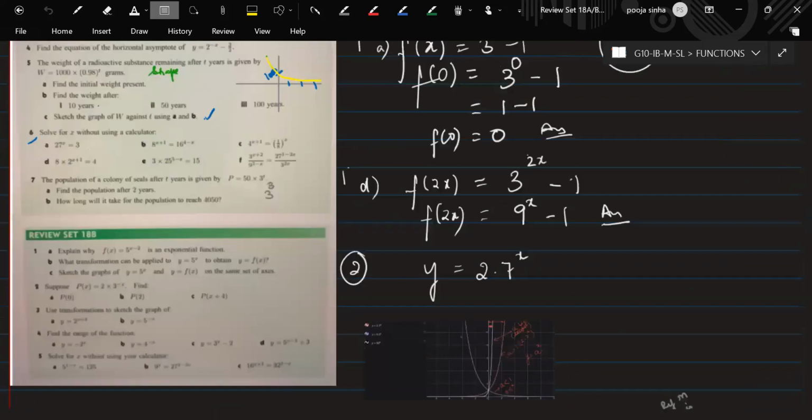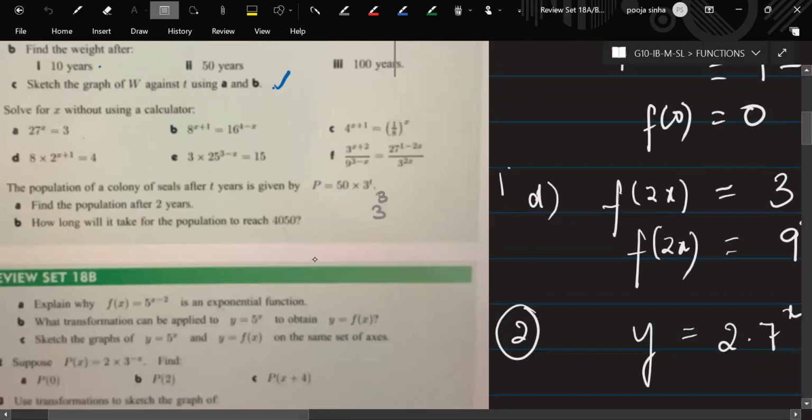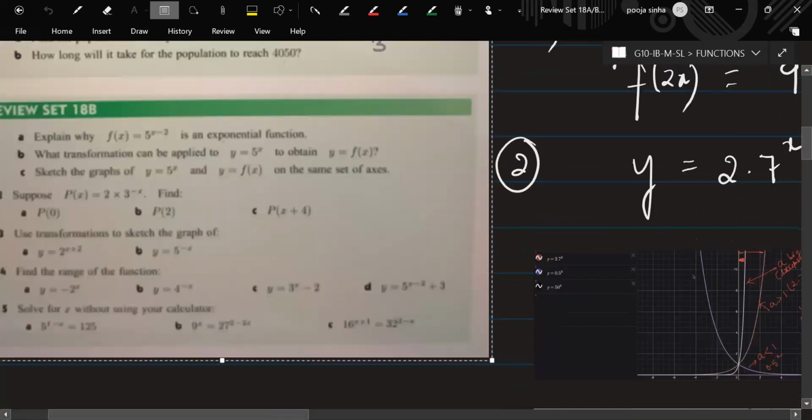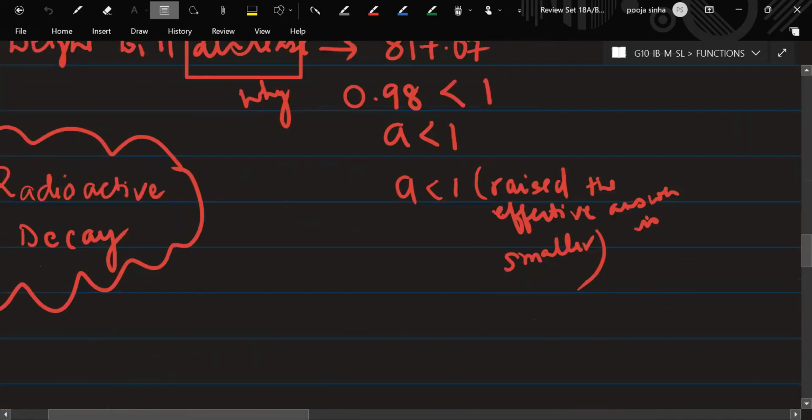Now let's come to another question. Let's try this together. 8 raised to power x plus 1 and 16 raised to power 4 minus x. That was the question, right?